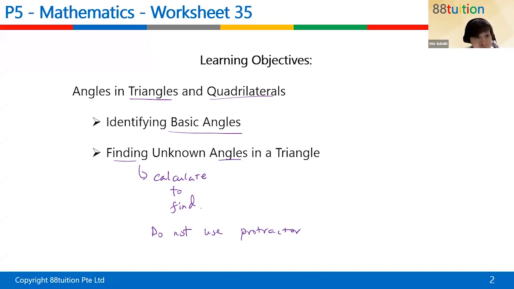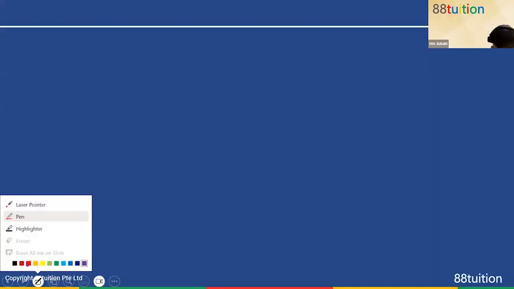Okay. So the first one I want to go through is basic angles. If you notice, at your level, we are only covering things that involve straight lines. So, basic angles.